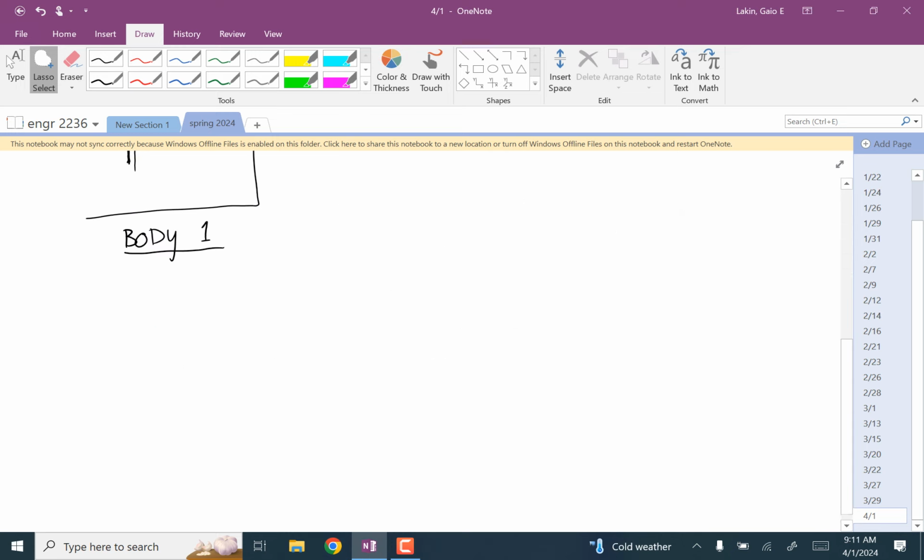Okay, so body 1. Does it have a fixed point? Yes. And so we're going to have to use the parallel axis theorem for the moment of inertia.